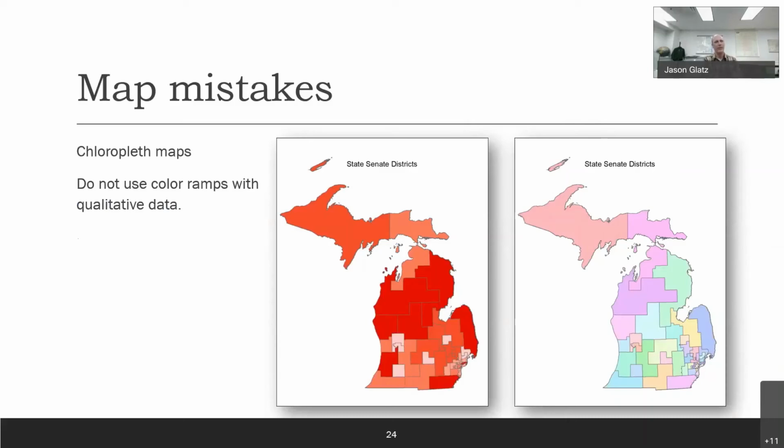If you have something like state Senate districts, like these maps show, and you put a color ramp on it, you look at the map on the left and immediately start to think, well, what's going on with the northern part of the lower peninsula there? It's really red. Is there some kind of association with that? And there isn't. That was just randomly assigned colors, but it misleads the map reader. It's much better to have a random pastel palette like you'd have on the right.